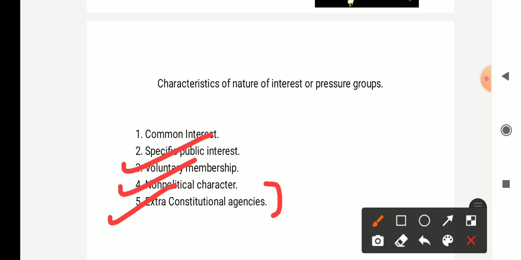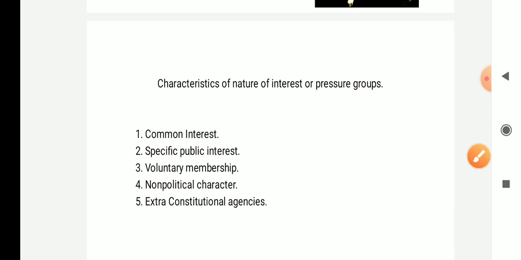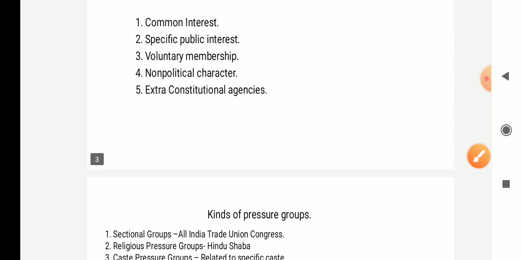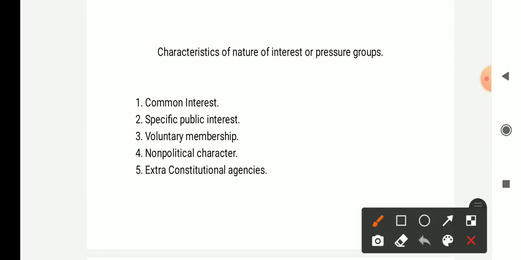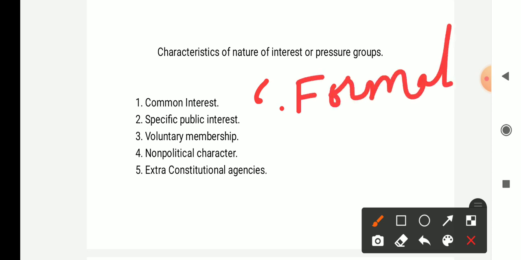Along with this, they have, we can say, formal organization. These organizations are formal organizations. It means formally these organizations are made.